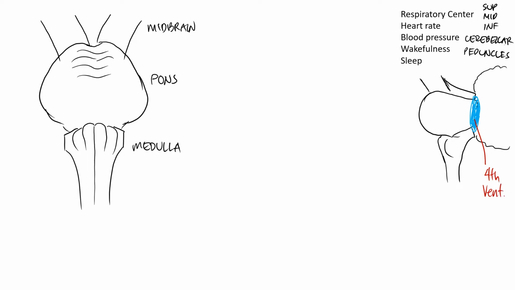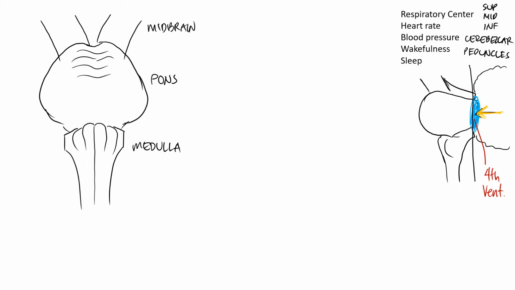Once you cut this part here and take away the cerebellum, you will open up and see the fourth ventricle, or at least half of the fourth ventricle. With that in mind, let's go to the posterior view, because what we're going to see now is this part.